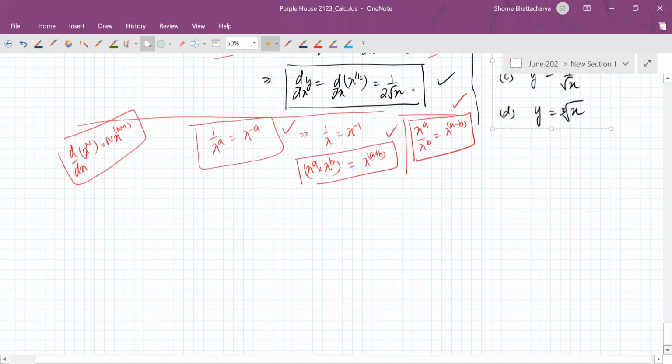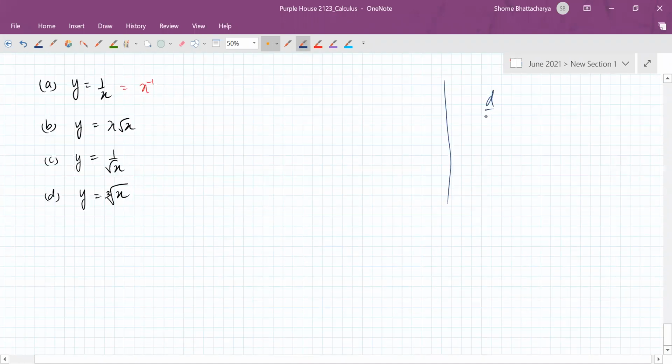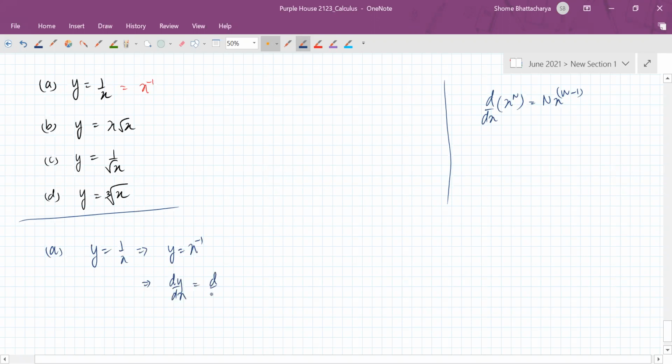These are the questions, and in general, we'll be using this formula that the differentiation of x to the power n is n x to the power n minus 1. For example, the first one here, we will first of all express as x to the power minus 1. So dy by dx is the differentiation operation applied to the function x to the power minus 1.